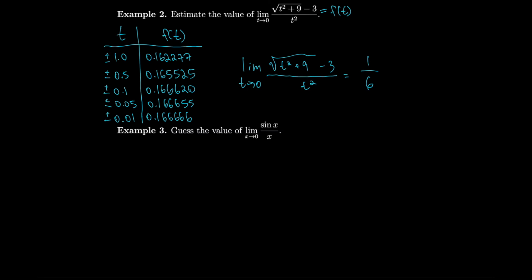Let's guess the value of the limit of sine of x over x as x approaches 0. So let's let this guy be f of x, the sine of x over x part. We can make a table. Again, it doesn't matter whether we're positive or negative, we're going to get the same f value.